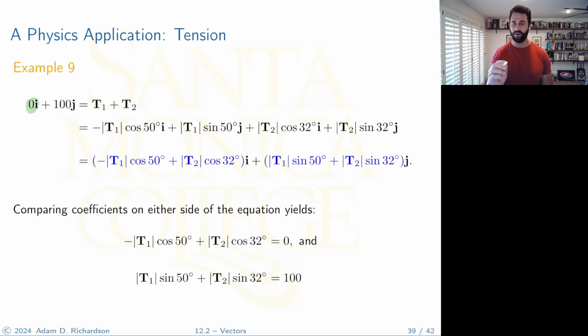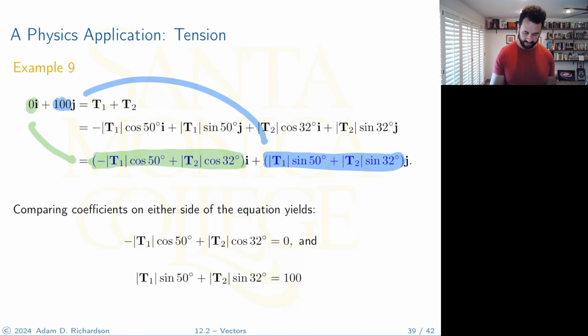So if we compare coefficients, that means that 0 has to be equal to this. And then if we look at the coefficient associated with j, we know that 100 has to be equal to this. So these are linked. Those two things are linked. And that's where we get these two equations at the bottom.